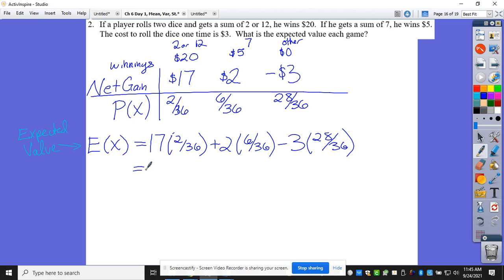So a lot of this you can do in your head. What's 28 times 3? That's the only math you have to do really. 84. Well, this together is 8. This together is 34. Oh, no, right. 8.